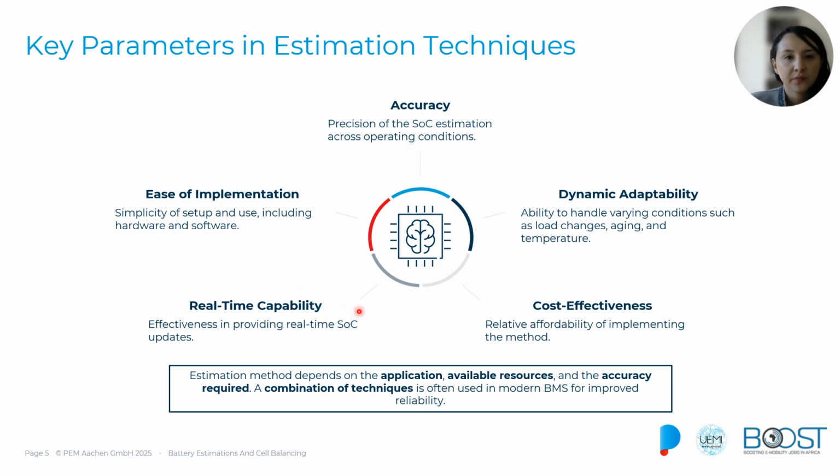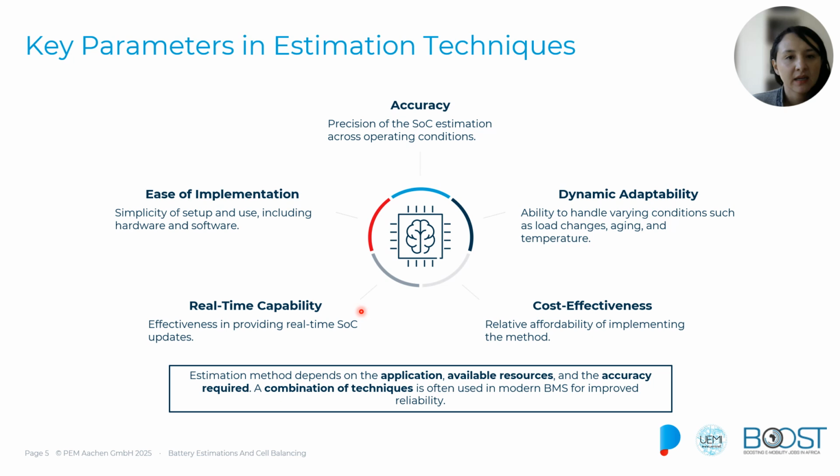Then we have the real-time capability, and this is the ability that the algorithm has to provide real-time updates of the battery status. This is going to be especially important in applications that require dynamic power management, and where we need to know at any time what is the current capacity and what is the current power that we have available for the system.